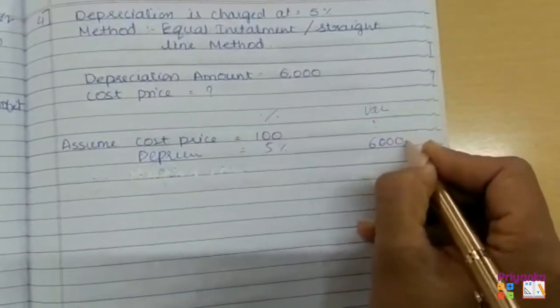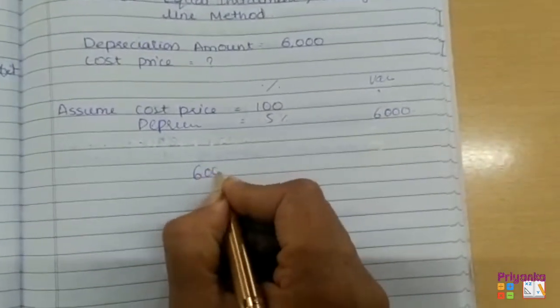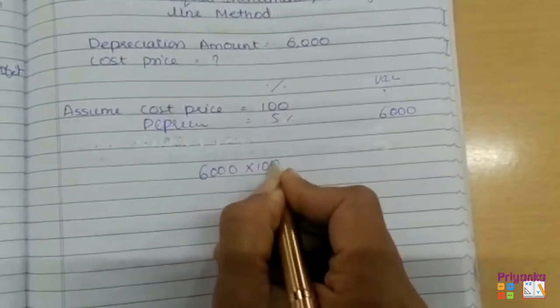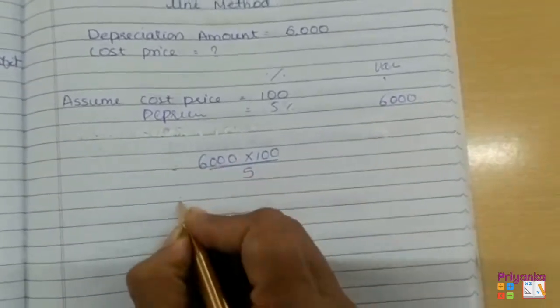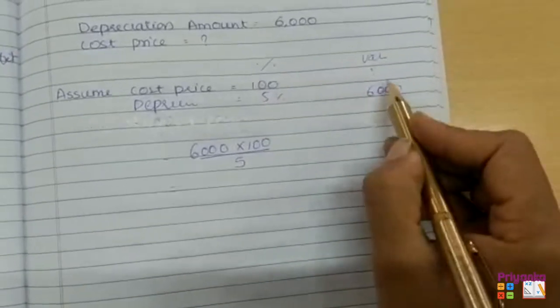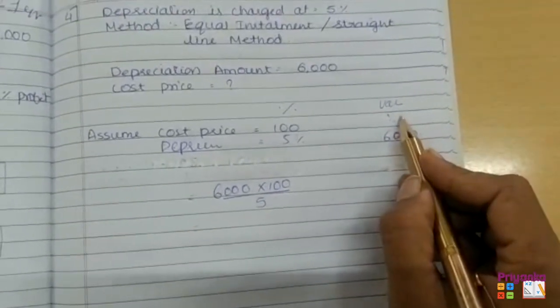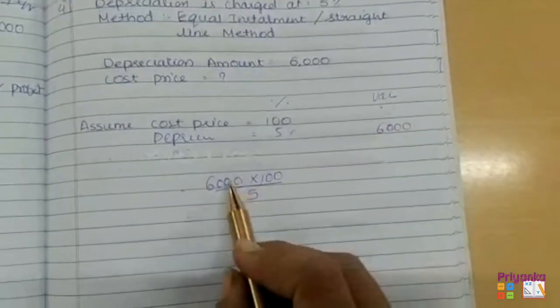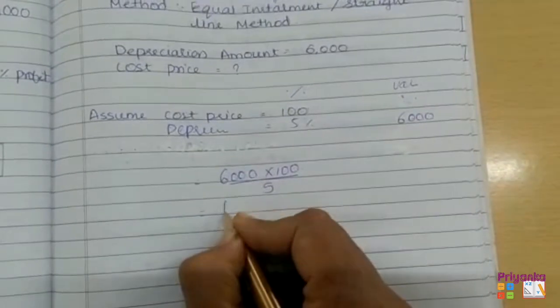So let's make it cross multiplication. 6,000 multiplied by 100 divided by 5. By this, we can find out what exactly the cost price must be when the machine has been purchased. So 6,000 multiplied by 100 divided by 5, you will get the cost price of machine.